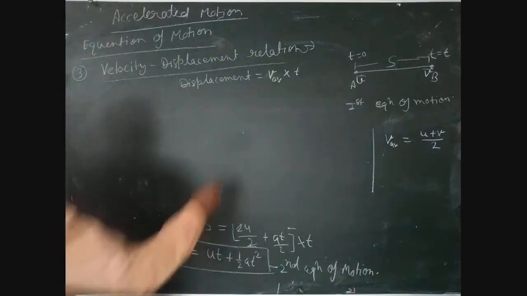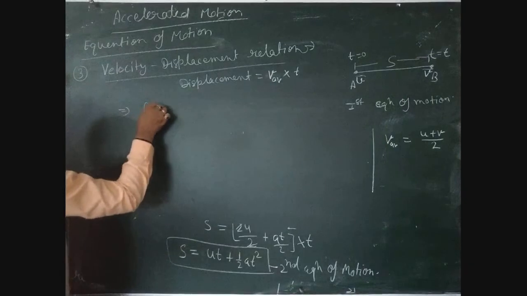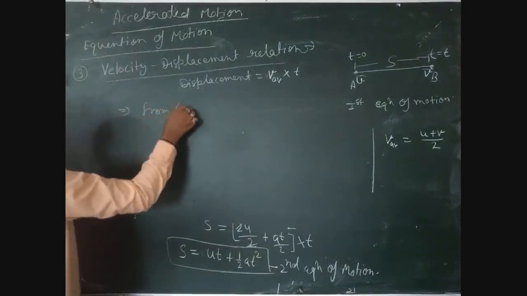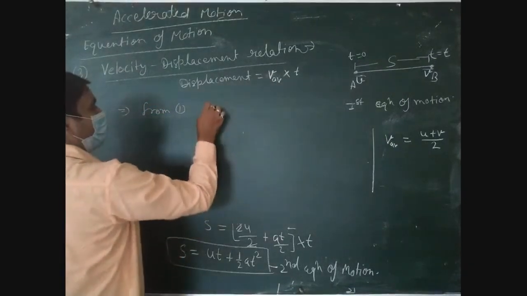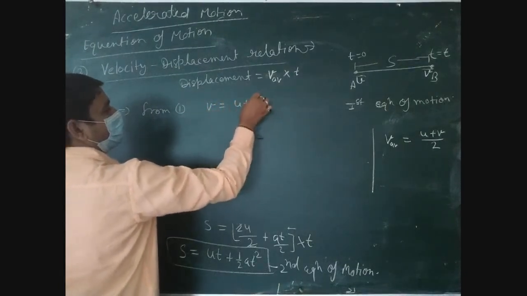Now for this, from the first equation of motion we get v equal to u plus at.